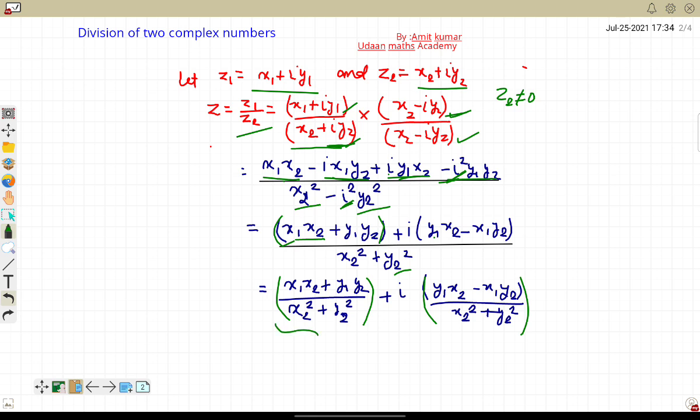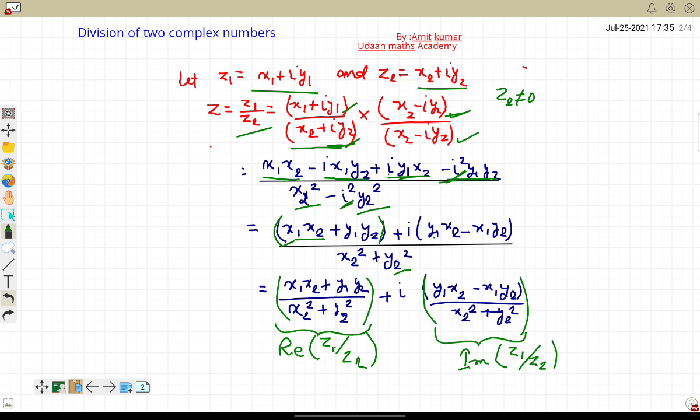This complete value is the real part of z1 upon z2. We can say this complete part is the real part of z1 divided by z2. I hope this one is clear. Okay, and if you consider this other part, then it is the imaginary part of z1 divided by z2.